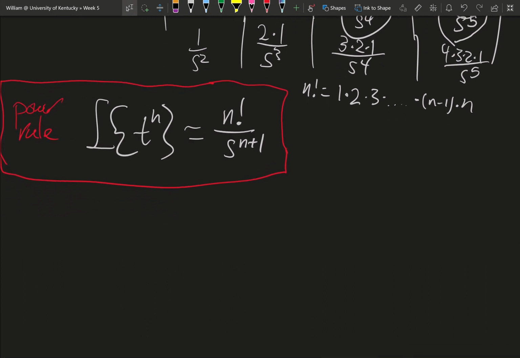All right, I'm going to note one other property, and this is what we're going to call the s-domain derivative. This asks, okay, what happens when I take the derivative of the Laplace transform?